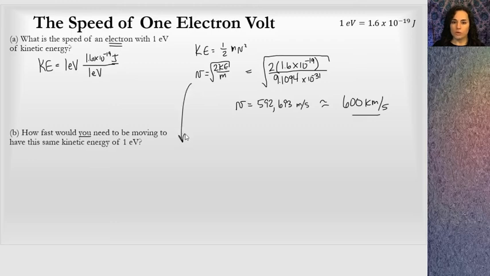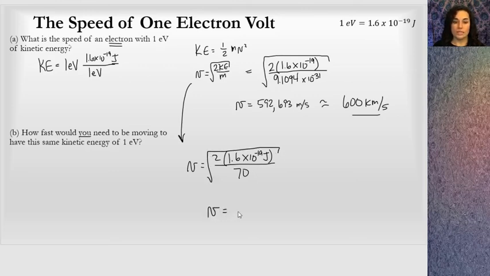So we have the equation already. I already solved. We know that 2 times the same amount of kinetic energy, 1.6 times 10 to the negative 19th joules, same amount of energy, but you have a different mass. And I just chose the mass of an average human being on the planet, which is around 70 kilograms. And we'll remember to take the square root of that.